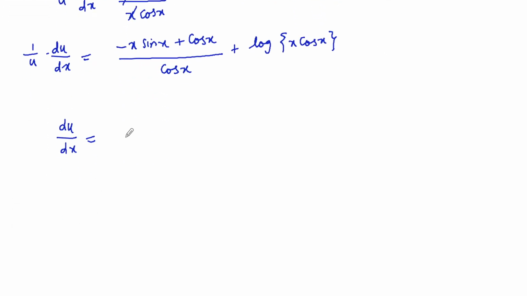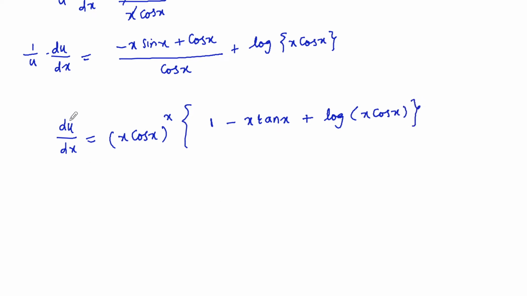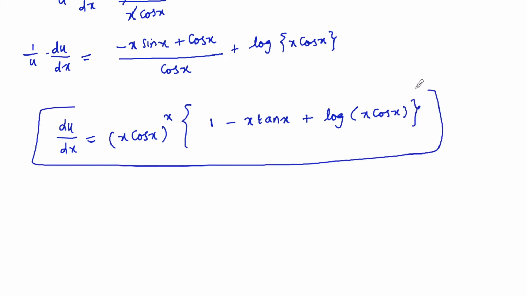So I can write here (x cos x)^x into, and cos x upon cos x is 1, minus x sin x upon cos x can be taken as tan x. So I can write 1 minus x tan x plus log of x cos x. So this is your du by dx, and let us find dv by dx.